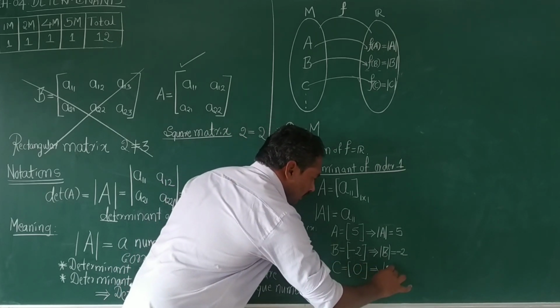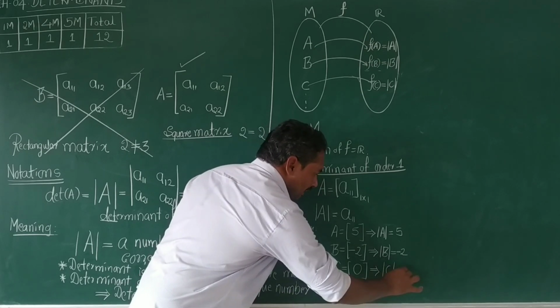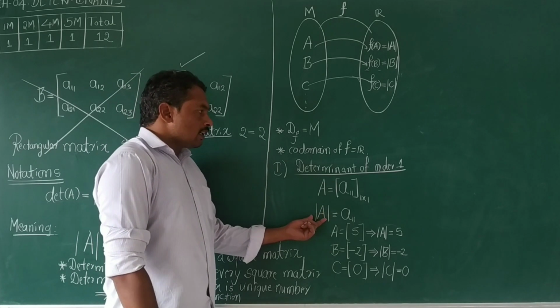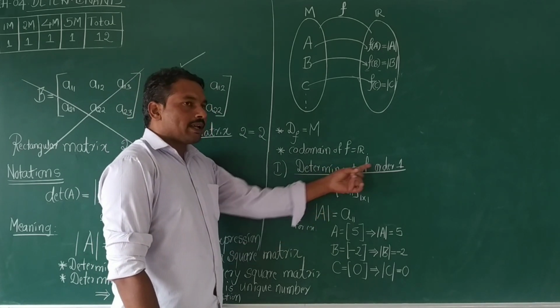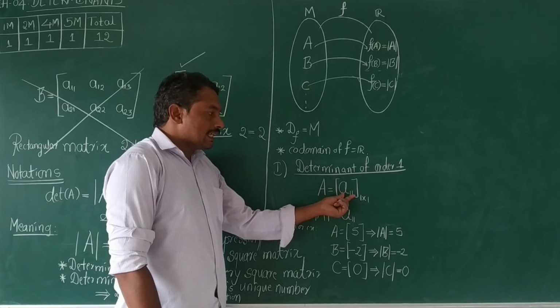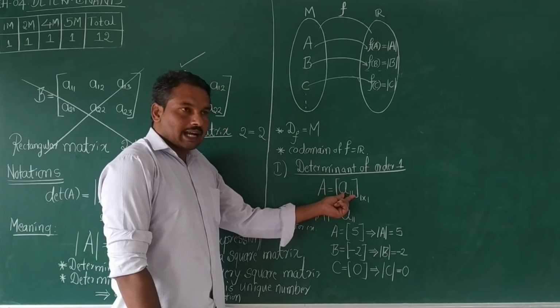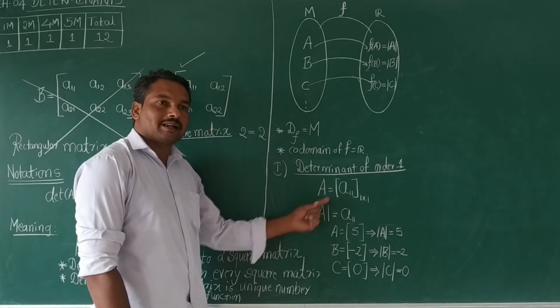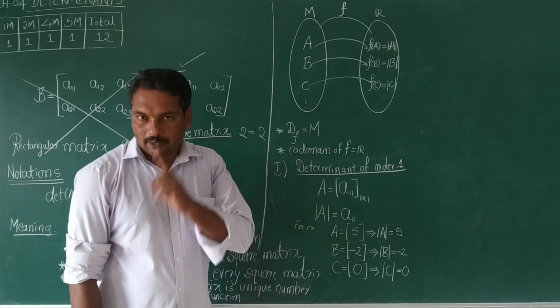We can take the determinant of that square matrix 0 itself, because the determinant of order 1 is defined as the element whatever is present inside the square bracket; that element itself is considered as the determinant of that square matrix of order 1.